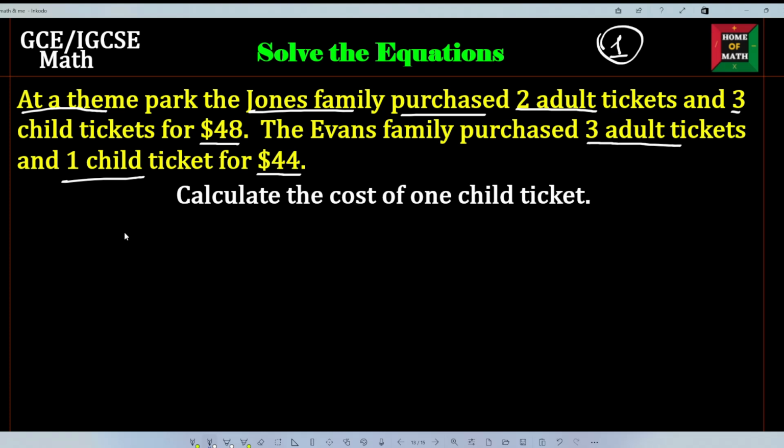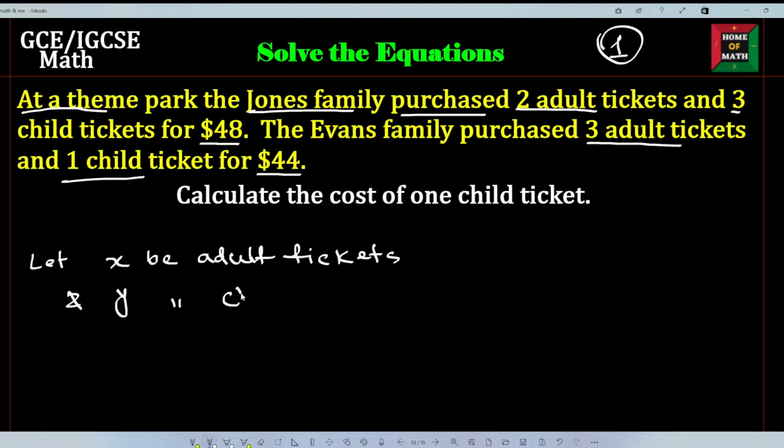So here there are two types of tickets, one is adult tickets, another one is child tickets. So let x be adult tickets and y be child tickets.